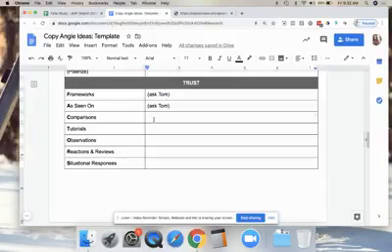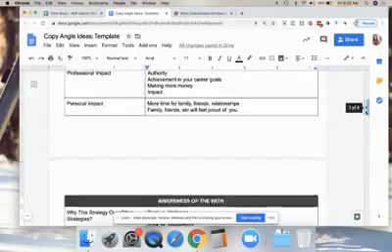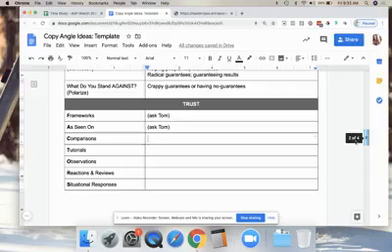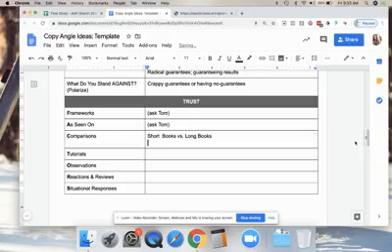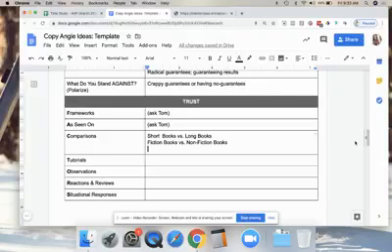Comparison. So he could do maybe short books versus long books, fiction books versus nonfiction books, different publishers, let's say traditional publishing versus self-publishing.